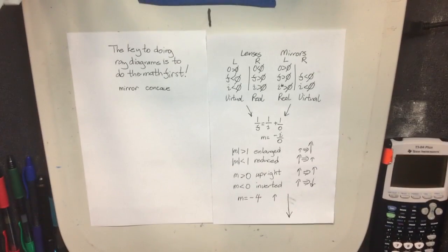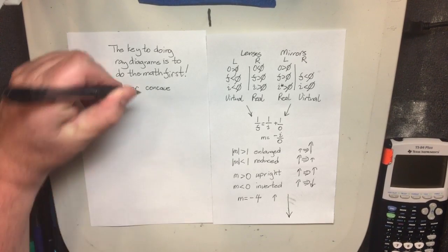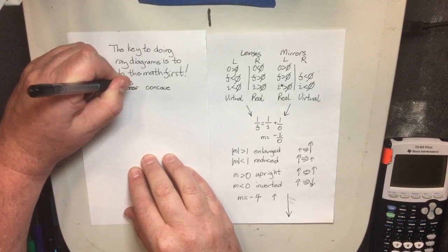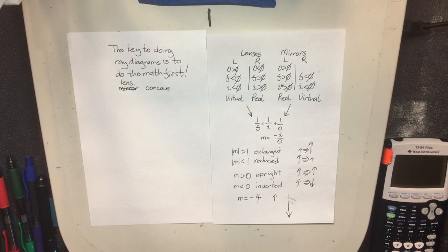We did concave. Okay, fine. What would you like to request? Probably a lens. Lens, concave, we'll do a concave lens. All right, that's great. I thought we were going to let the dice decide, but students do have a choice.